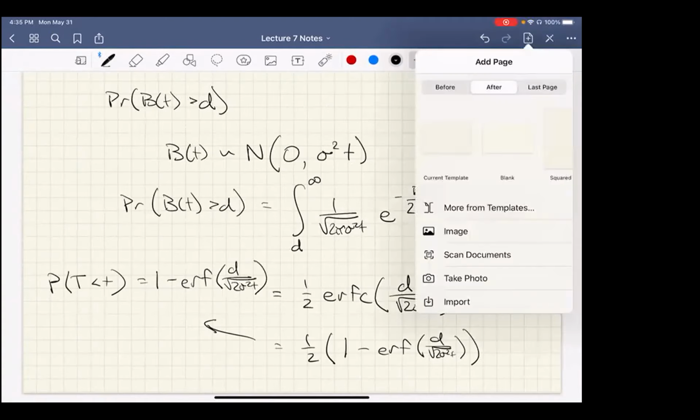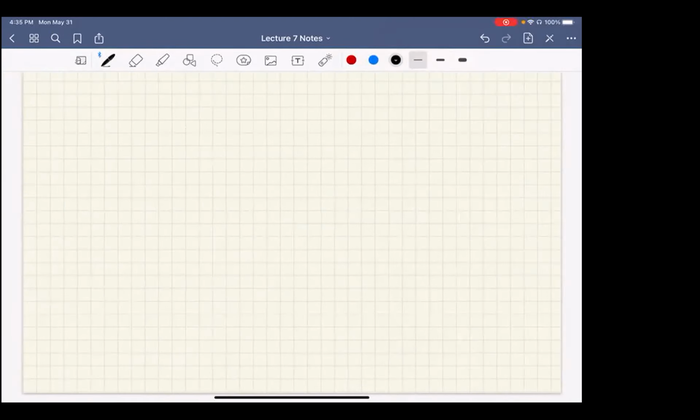Finally, to get what we want, which is the first arrival time PDF, this is just d by dt of the probability that the arrival time is less than t. That's just by basic probability. You integrate to get the CDF, which means you differentiate to get back. And this is straightforward.